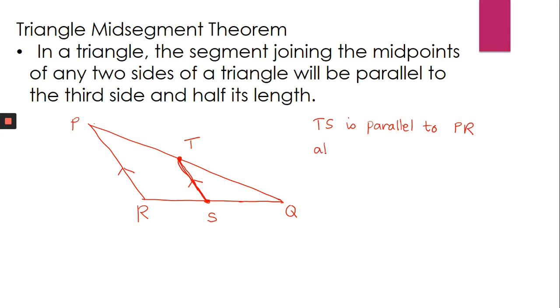Also, TS is half of PR, right? So this is half of this. So if the measure of PR is, let's say, 14 units, what is the measure of TS? That is 7 units. Okay, because it's half.